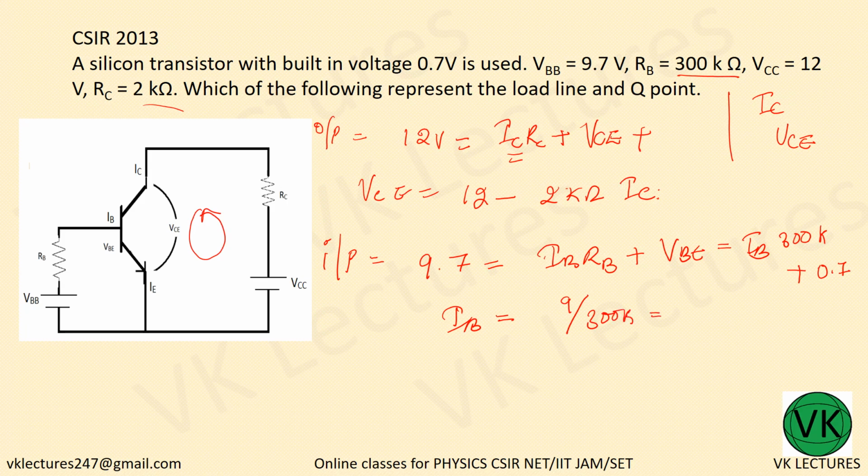So this value is around 3 by 100 milliampere. Or you can write 30 microampere. So you got IB, right?